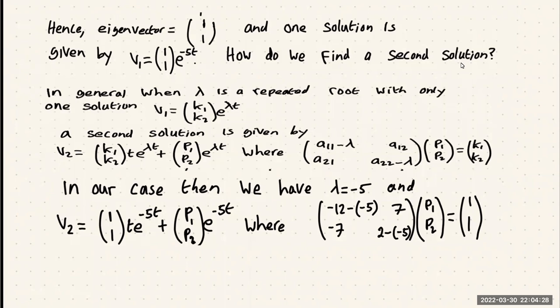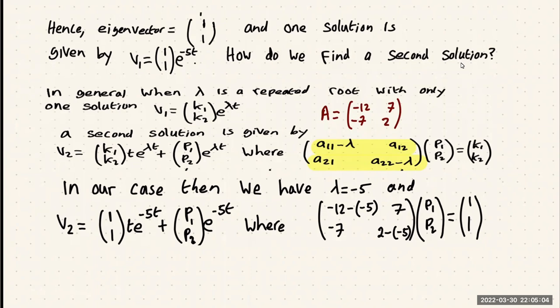Okay, recall, we go back and check our A matrix at the beginning. Our matrix at the beginning was -12, 7, -7, 2. When you're using this formula, we'll have A11 minus lambda, A12, A21, A22 minus lambda. In our case, lambda is -5.